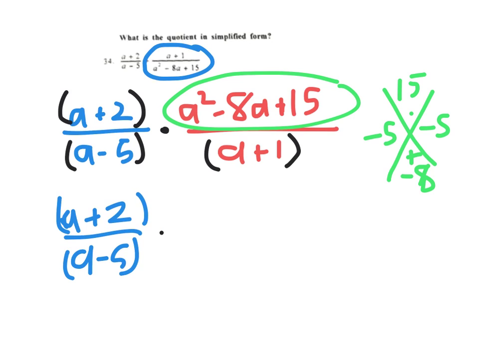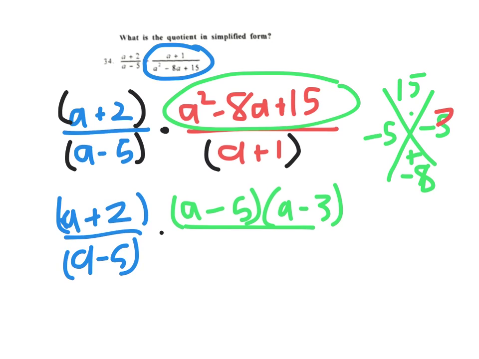And then we said times, and on top we're going to have a minus 5 times a minus 3. I noticed I wrote this one funny over here, but it should be minus 3 and not 5. In the bottom we have an a plus 1. Again, if something's on the top and the bottom, we can cancel it out.